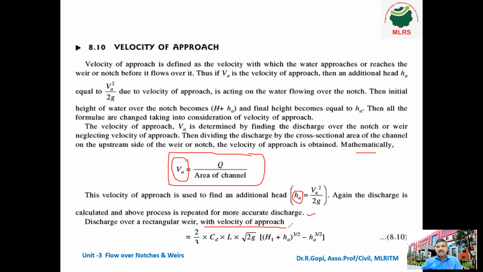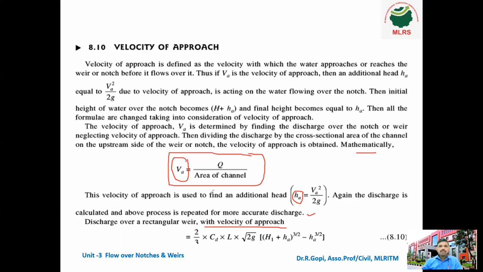Previously we saw the formula without velocity of approach, where the last term we used was h power 3 by 2. But here, while considering the velocity of approach, the formula will be slightly changed.